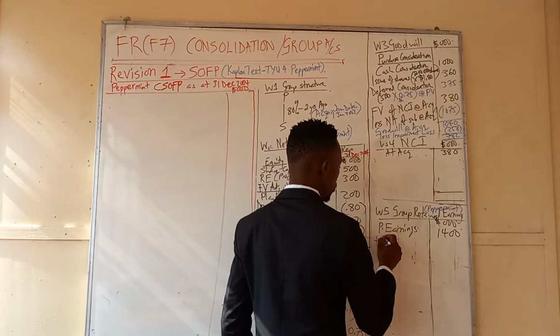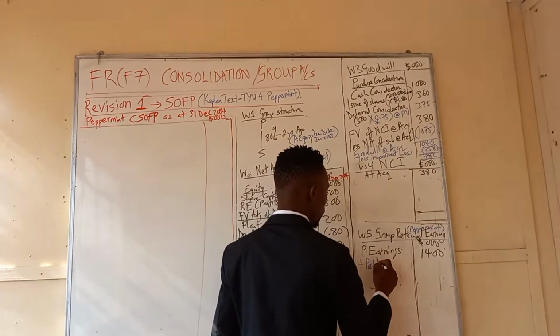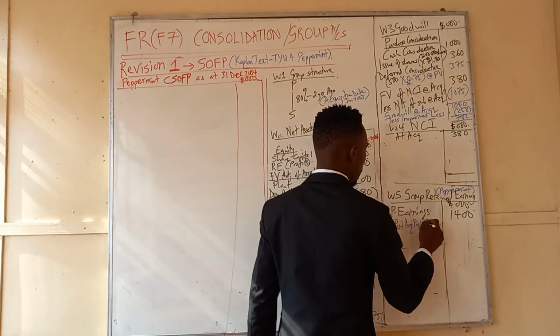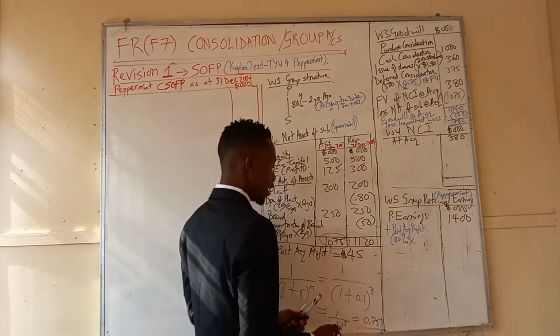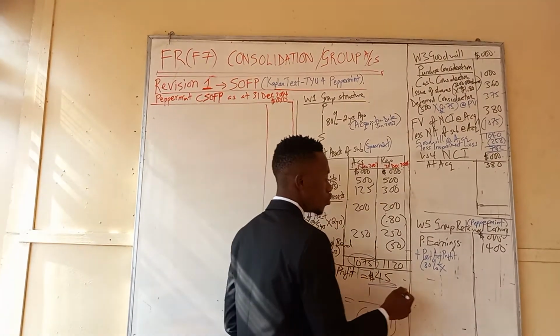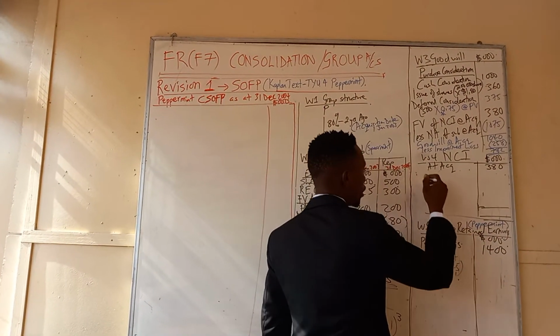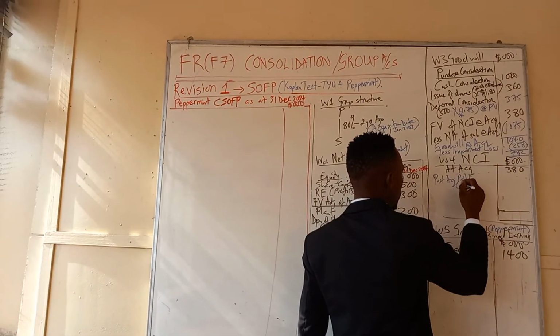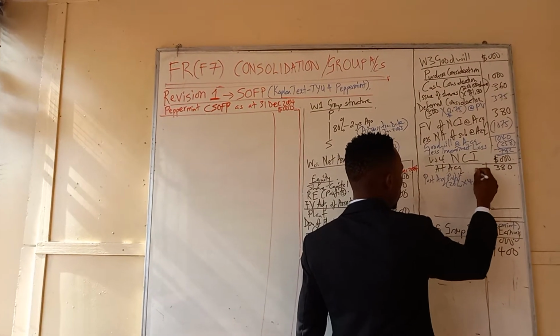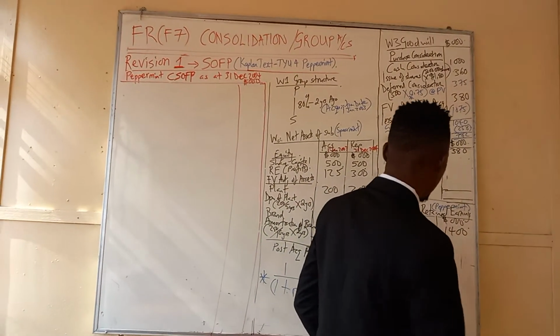You add the post-acquisition profit. The parent invested 80%, so we are going to give the parent 80% of this profit, which is 45. Then the remainder, which is 20% of 45, will be recognized to the NCI.